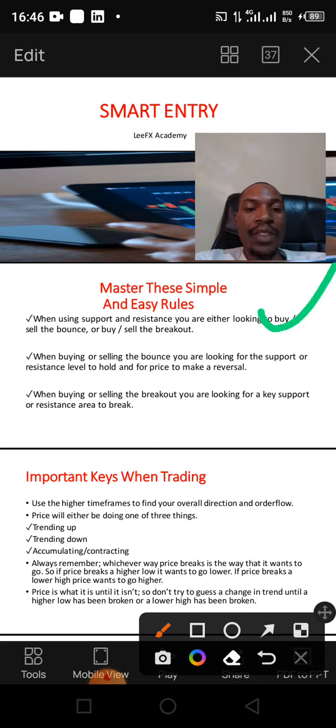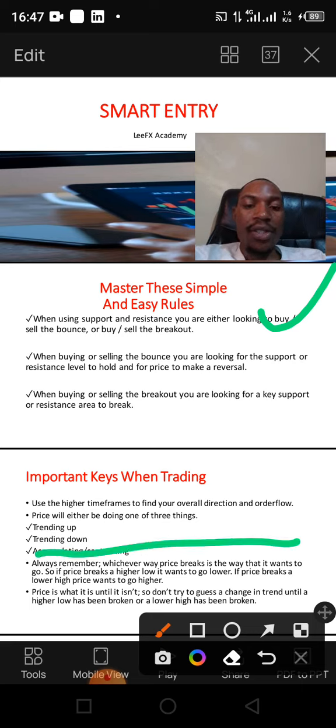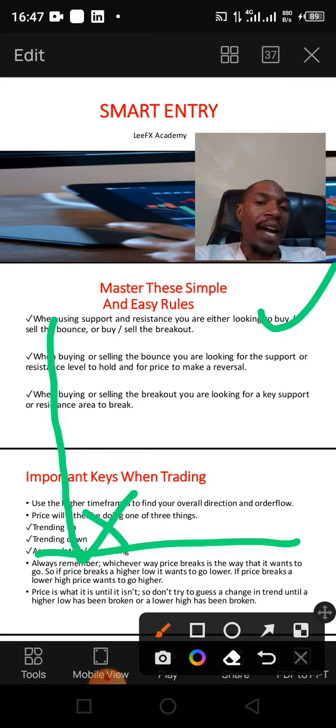Number one, when using support and resistance, you are either looking to buy or sell the bounce. So what do we mean by a bounce? Let me give an example. Let's say this is your support and the price comes like that. The moment it is on the support, then it bounces back, you enter buy.